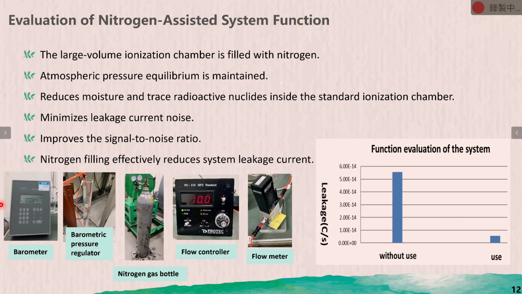This is our barometer, and we can use it to know the condition inside our ionization chamber. This is our flow meter. This diagram shows that if we don't use this assistance system, we will have some leakage like this, and if we use it, there is a better condition here.